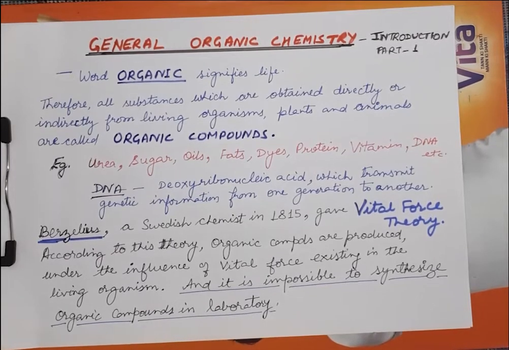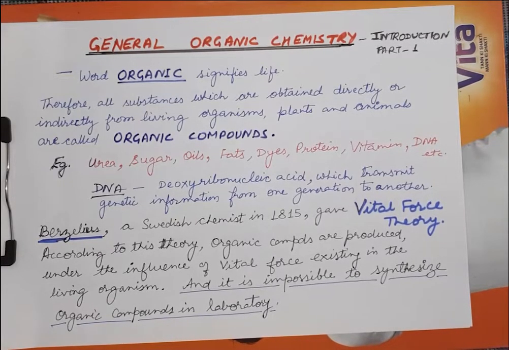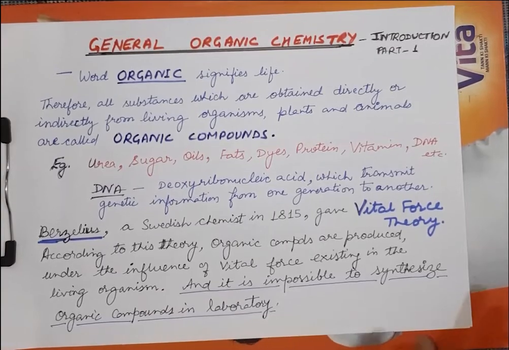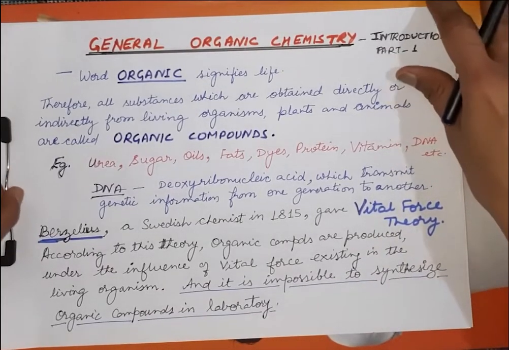He said that these organic compounds are produced in the living organism in the presence of vital force, and that organic compounds cannot be synthesized in the laboratory. It is impossible to synthesize these compounds in the laboratory.